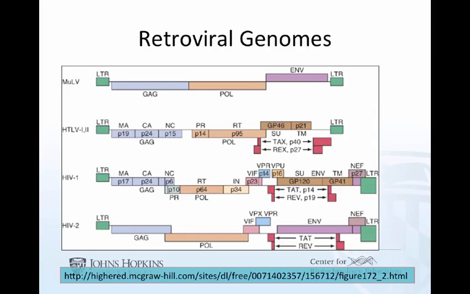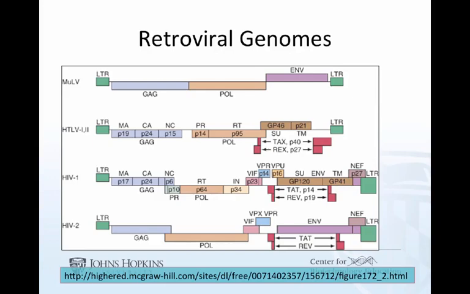With some other retroviruses, you can see the smaller protein products within the gene. For instance, in HTLV1, human T-cell leukemia virus, the GAG protein is cleaved into P19, P24, and P15. The terminology is based on protein size.